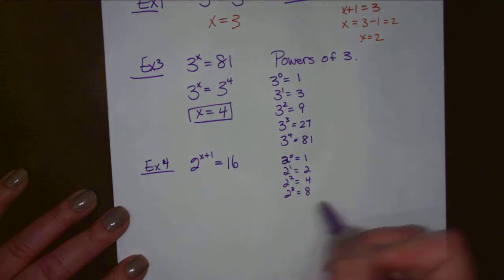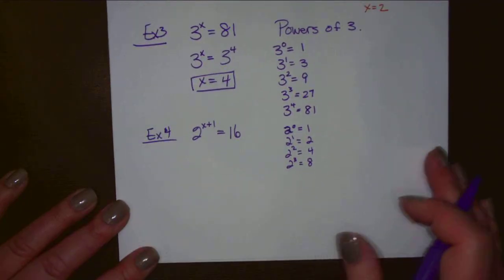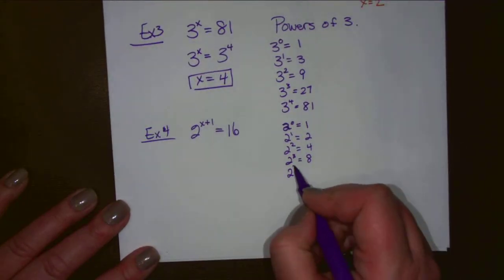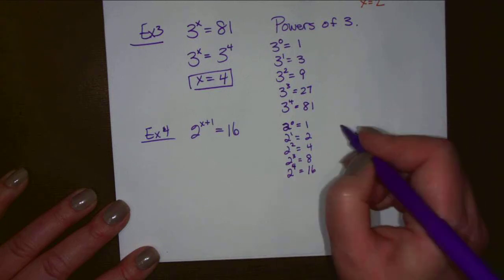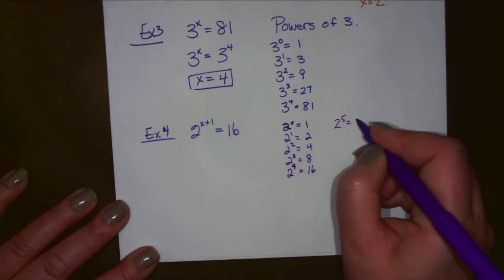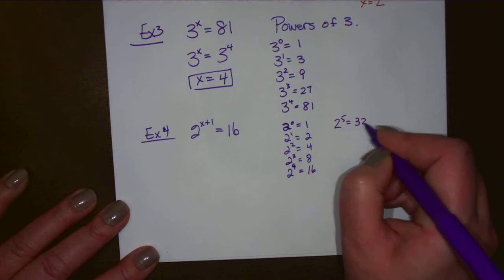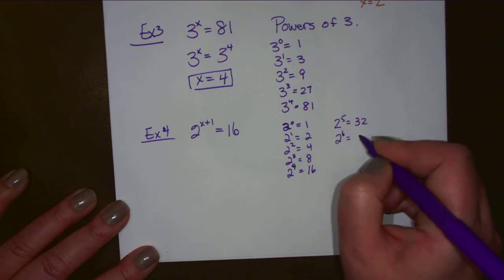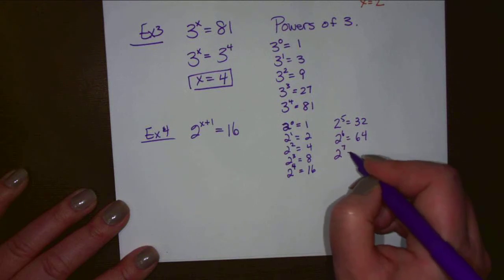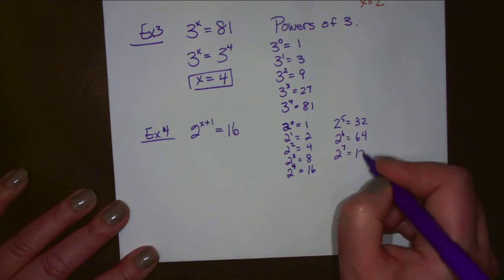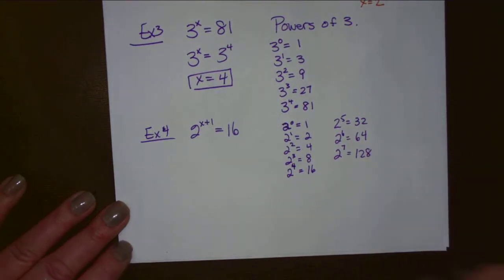You may even know that one right off. 2 times 2 times 2 is 8. What's the next one? 8 times 2, 16. 16 times 2, 32. 64. 128. That's how high I expect it, for 2's.